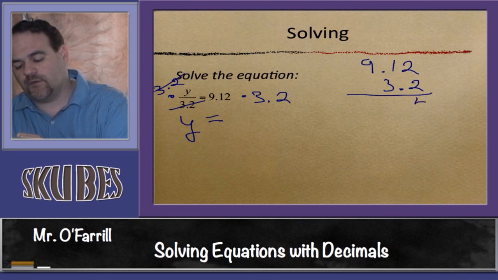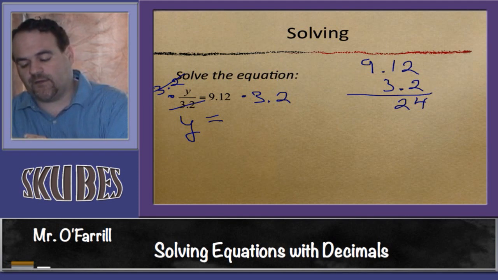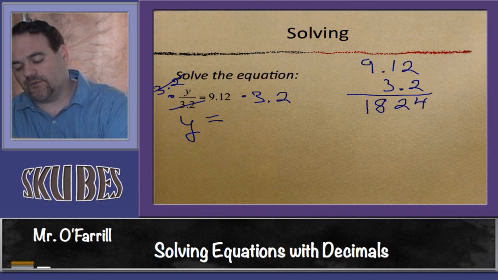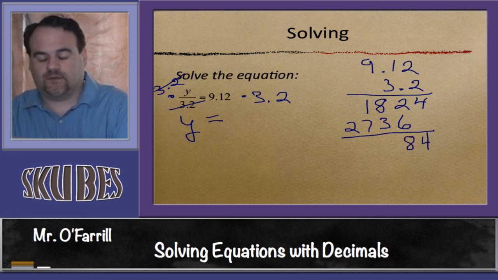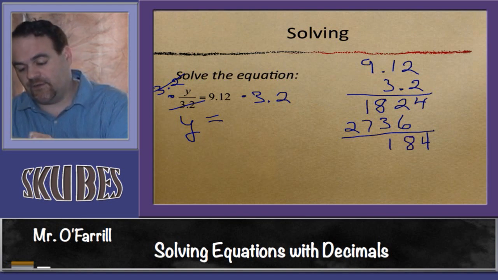2 times 2 is 4. 2 times 1 is 2. 2 times 9 is 18. 3 times 2 is 6. 3 times 1 is 3. 3 times 9 is 27. Bring down the 4. 6 and 2 is 8. 8 and 3 is 11.